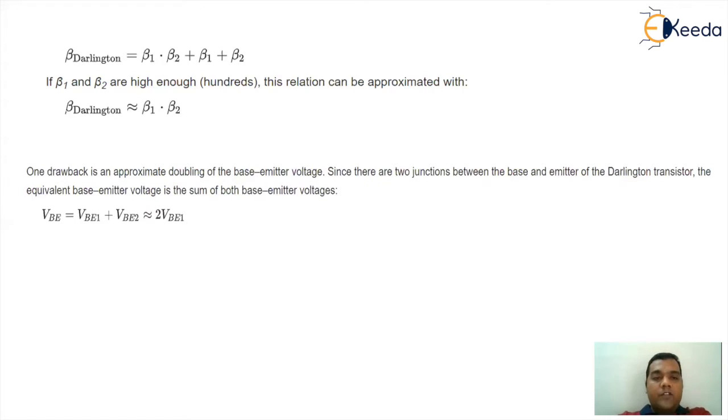That will be approximately equal to twice of VBE1 or twice of VBE2, because we are assuming that both the transistors which are present inside the Darlington are actually in the form of a pair and they're having matched parameters effect.